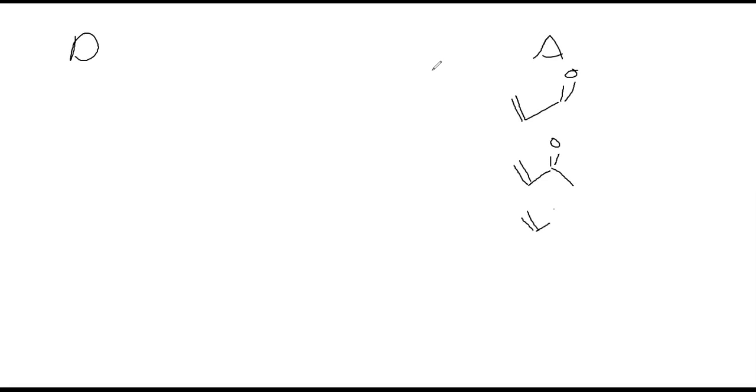We could have an unsaturated ester, unsaturated amide, we could do this with an unsaturated nitrile, to form an amine, and this one's a little unusual, unsaturated nitro group.